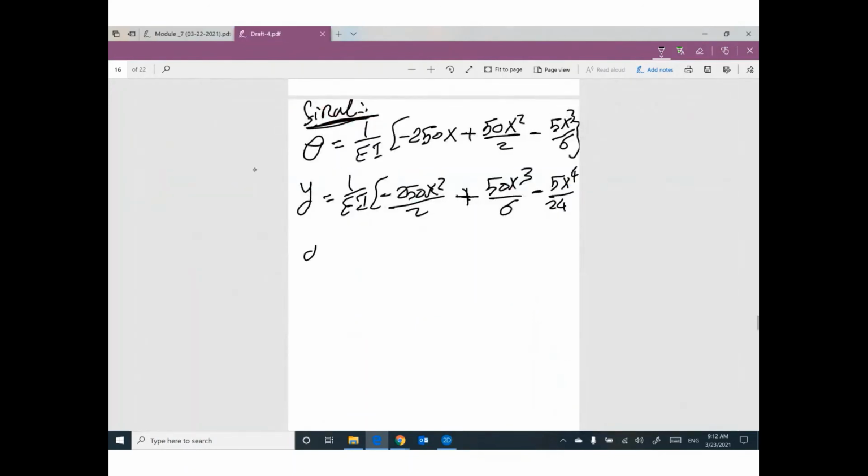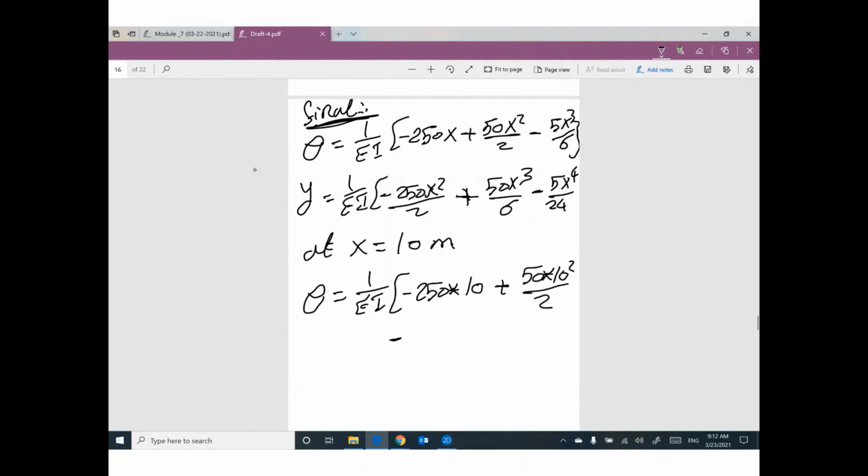So I will say at x equals 10 meters, theta equals 1 over EI, negative 250 times 10, plus 50 times 10 squared divide 2, minus 5 times 10 to power 3 divide 6.